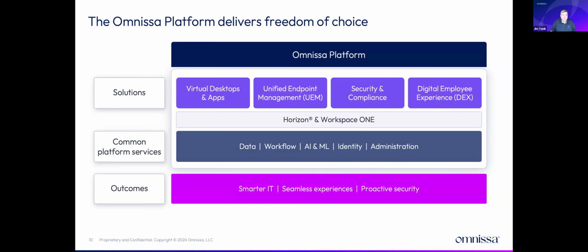We've been doing a lot for a while around machine learning and AI, and we're going to be doing more. I know that everybody's kind of AI washing everything. I'm going to try to talk to you about what we're actually doing and where we've been using AI. All of this is to get some positive outcomes: smarter IT, seamless experience for the user, and proactive embedded security.